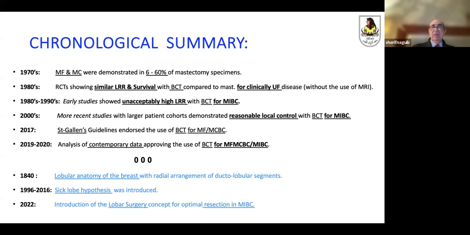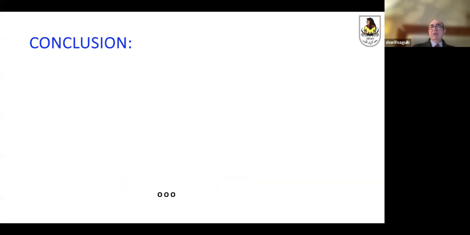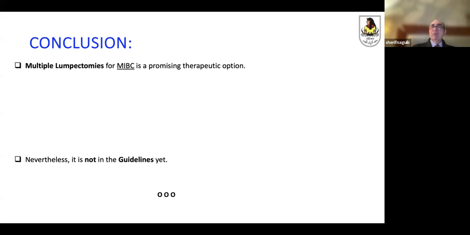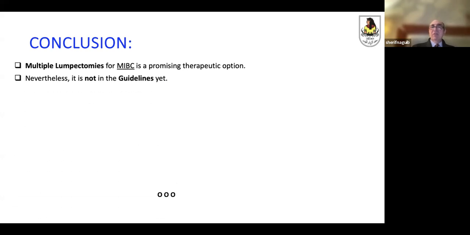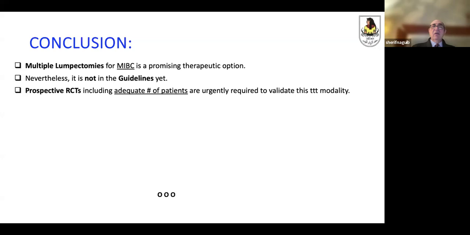And in 2022, lobar surgery was introduced as a new concept for optimal resection of multiple ipsilateral breast cancer. At the end, we conclude that multiple lumpectomies for multiple ipsilateral breast cancer is a promising therapeutic option. Nevertheless, it is not in the guidelines yet.